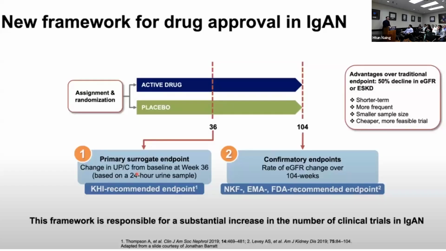So if you create a new medication and can reduce proteinuria from baseline by a significant percentage, you can get accelerated approval from the FDA for the treatment of IgA. That's why we have so many trials right now focusing on decreasing proteinuria.